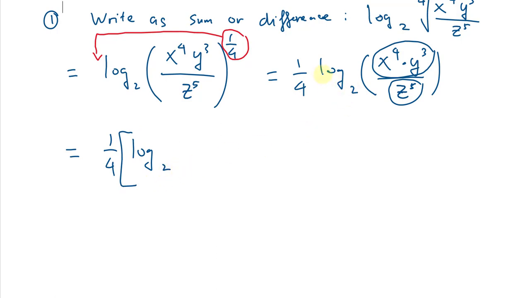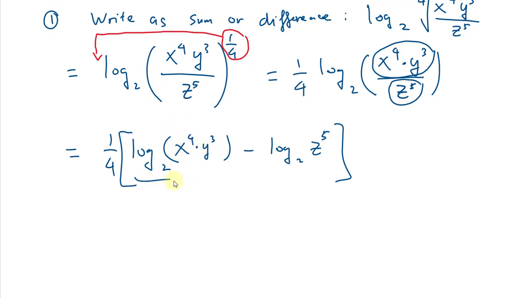So let's take care of the log of base 2. So log base 2, whatever on the top, because this is the division, so you take whatever on the top. The division turns into the subtraction. Log base 2, and then z to the 5th power. Okay. Now, this again is the product, so I can turn the product into the sum.